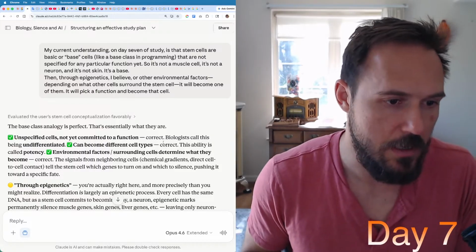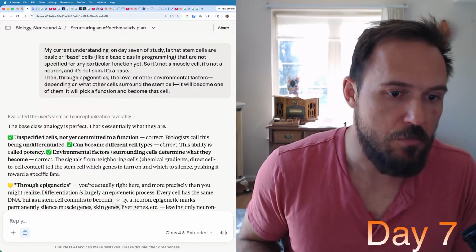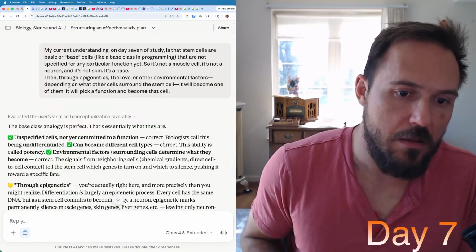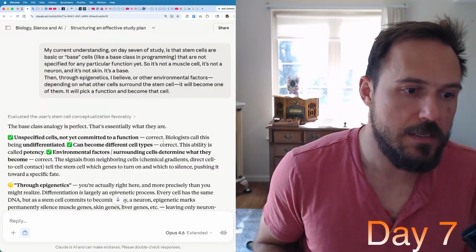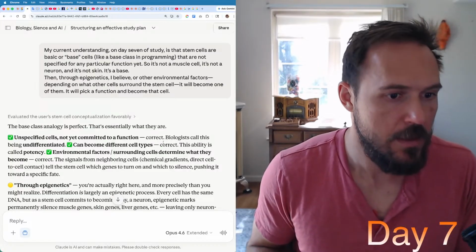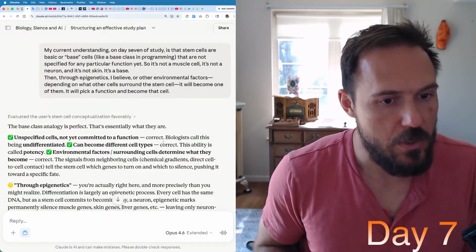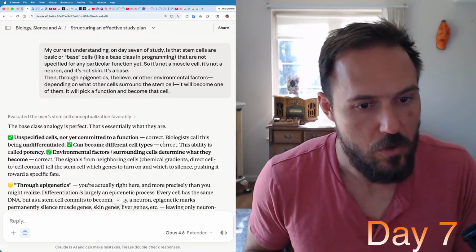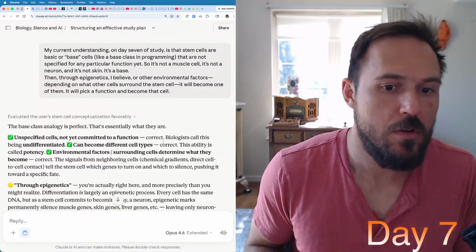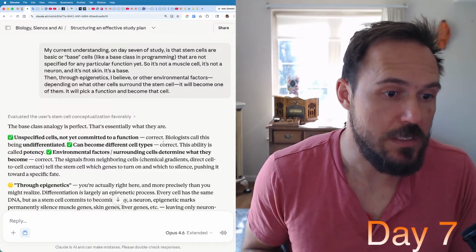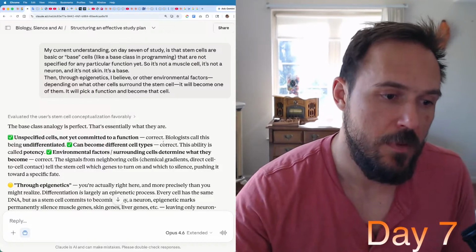So not epigenetic. The signals from neighboring cells, chemical gradients, direct cell-to-cell contact tell the stem cell which genes to turn on and which to silence, pushing it towards a specific fate. Interesting.